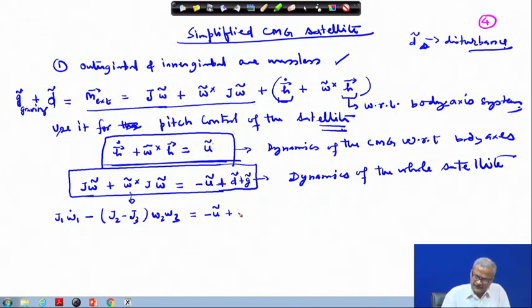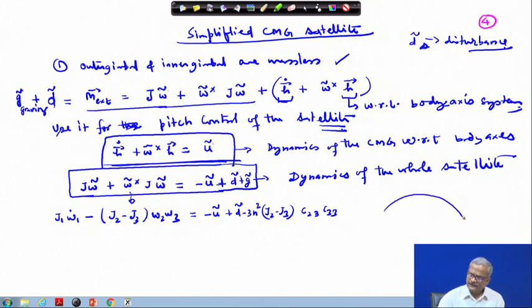So this becomes g tilde equal to, so we have here d tilde and minus J2 minus J3, 3n square. This is the way we have written it, for the motion along one axis.